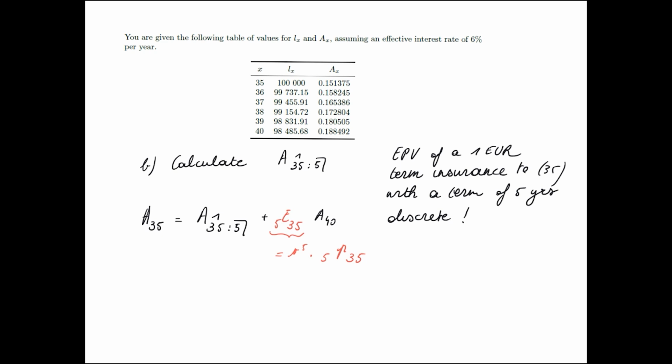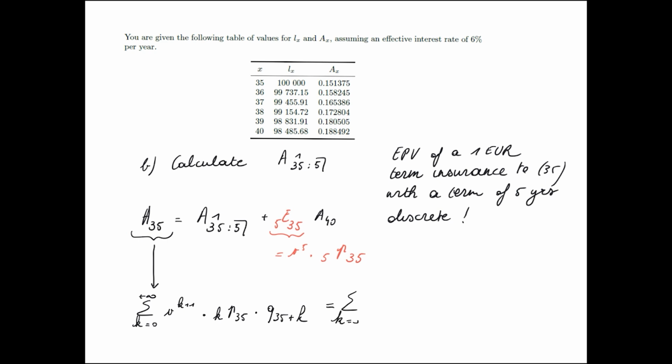So if you don't see right away where that is coming from, I'm going to write it in full, using the summation formulas, just to make sure that we understand where this expression is coming from. So if we look at the EPV of the whole life insurance, we look at a sum over k of v to the power k plus 1 times kp35 times q35 plus k, right? And now we're going to split this sum running from 0 to plus infinity into two parts.